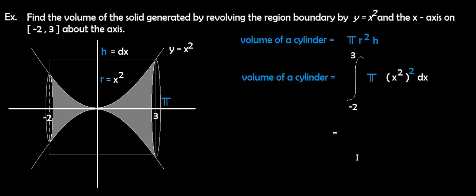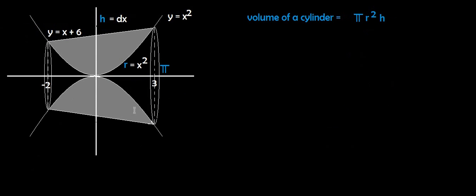Can you solve the integral now? Yes, you can, but if you cannot solve this integral, you may see my previous lectures. There you can understand how you can integrate this integral. And by the way, the answer to this problem is, now let's try out a different example.